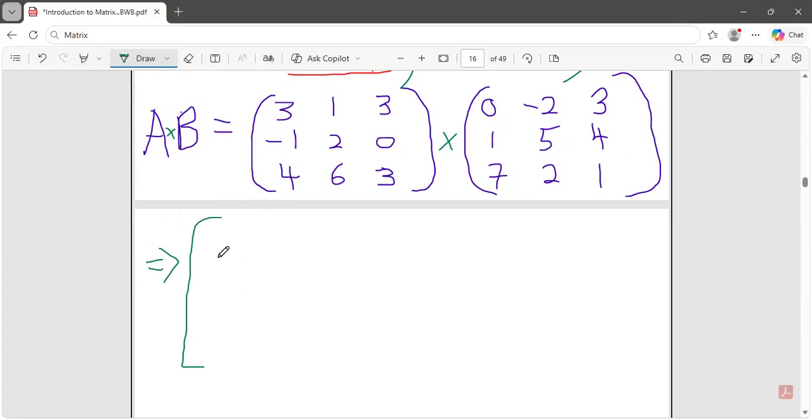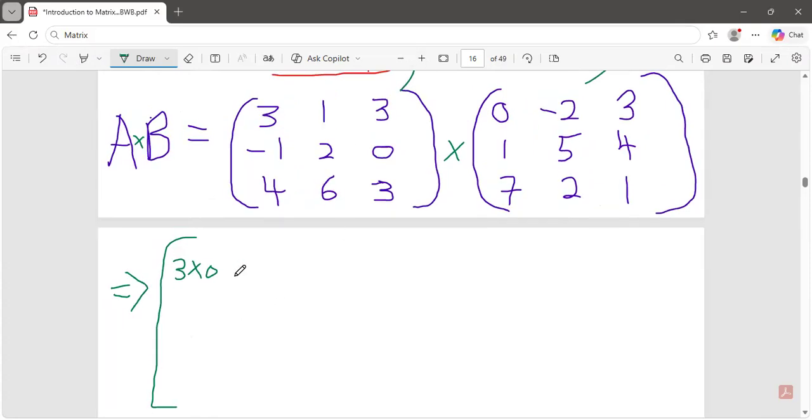So it implies that we are going to have 3 times this 0. So we're going to have 3 times 0, as you are seeing over there. From here, what are we supposed to do next? We're supposed to bring the plus sign. Good. 3 times 0, and then the 1 will come and multiply the 1.